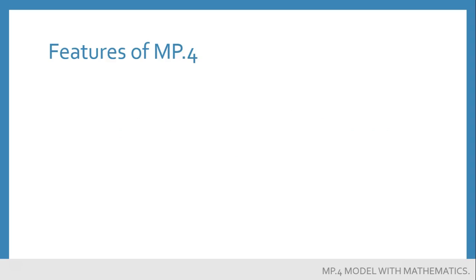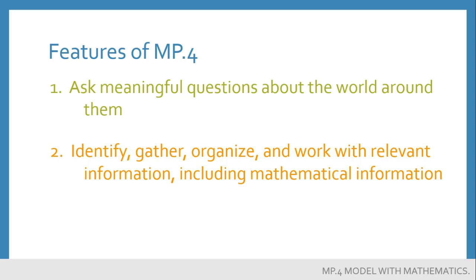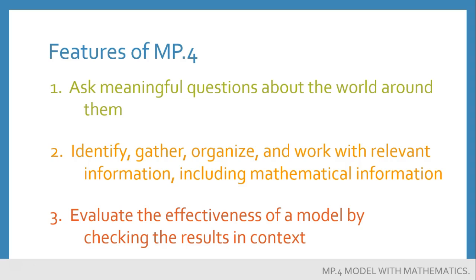When you work with Mathematical Practice 4, you'll be guiding your students to ask meaningful questions about the world around them, identify, gather, organize, and work with relevant information, including mathematical information, and evaluate the effectiveness of a model by checking the results in context.